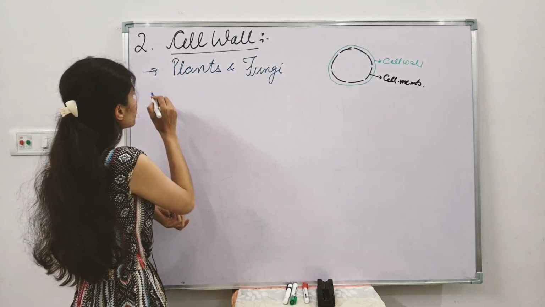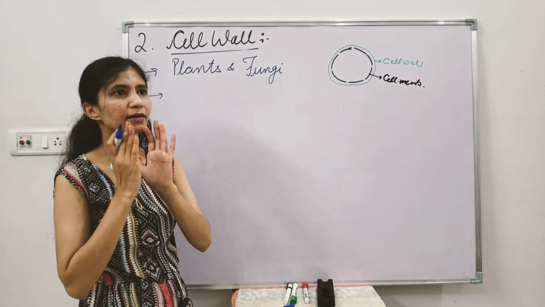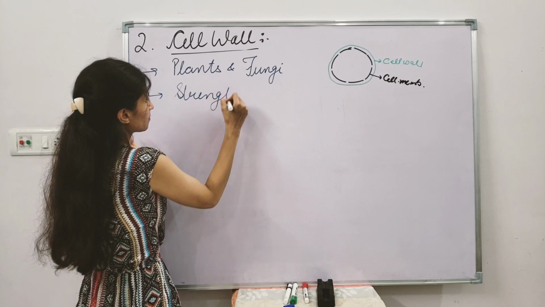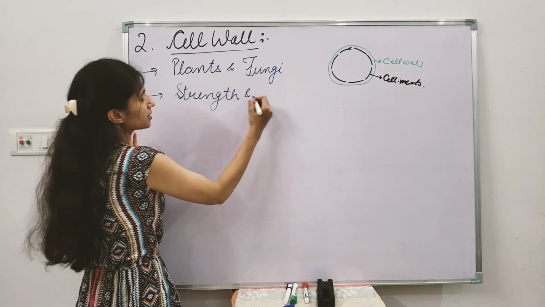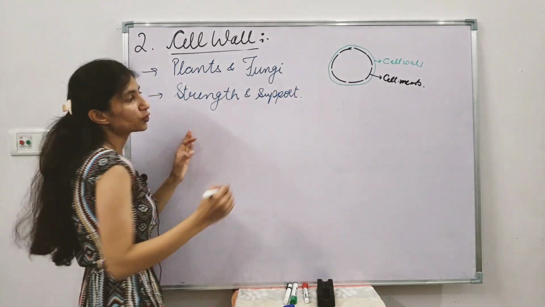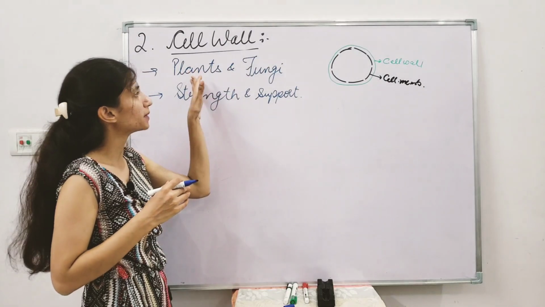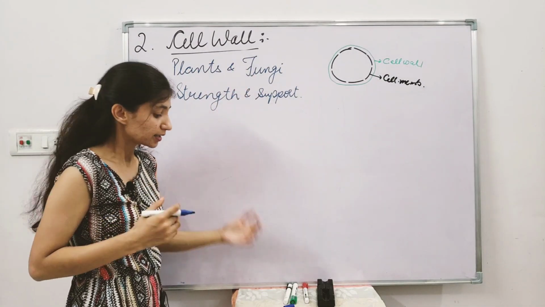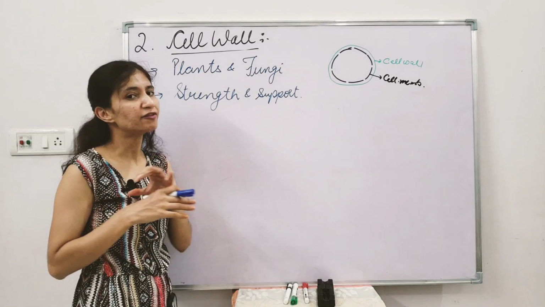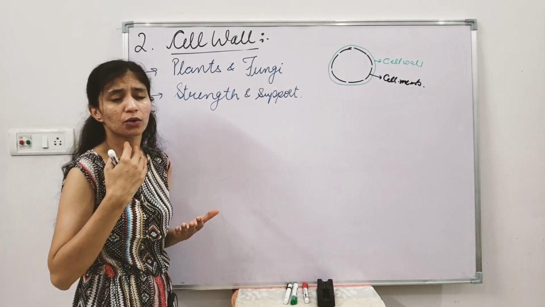Now what is the role of this cell wall? The cell wall provides strength and support to the cell, because organisms like plants and fungi have to live outside in a very harsh environment, and they have to withstand all kinds of weather and temperature.